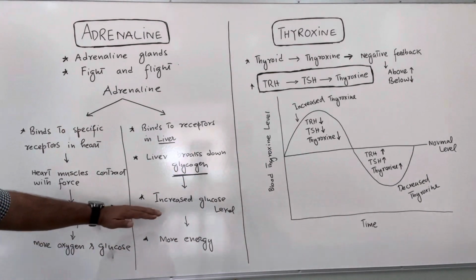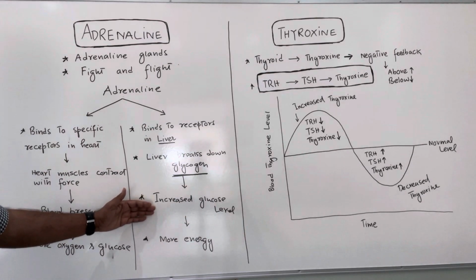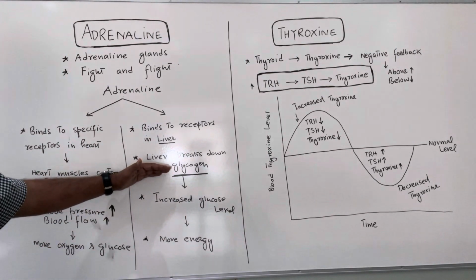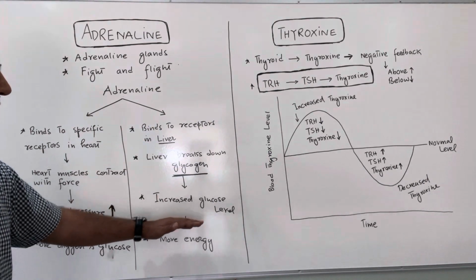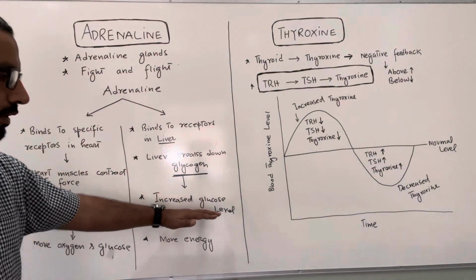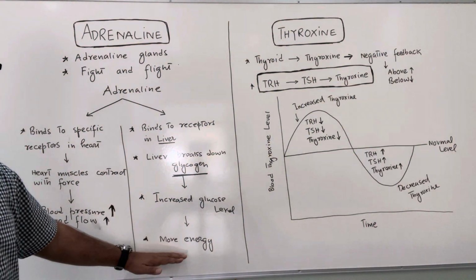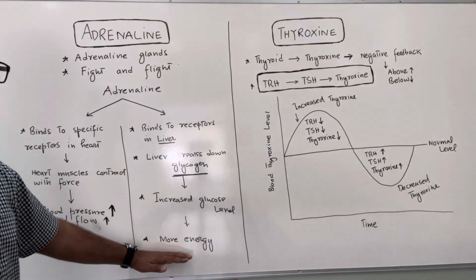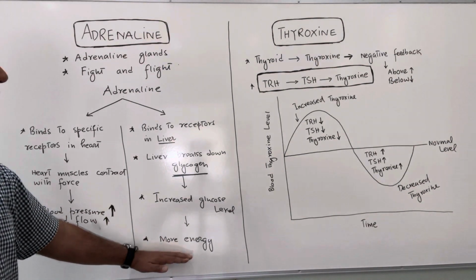As a result, the glucose level in our body will increase because more glycogen is converted into glucose, and the increased level of glucose will produce more energy in our body muscles as a result of cellular respiration.